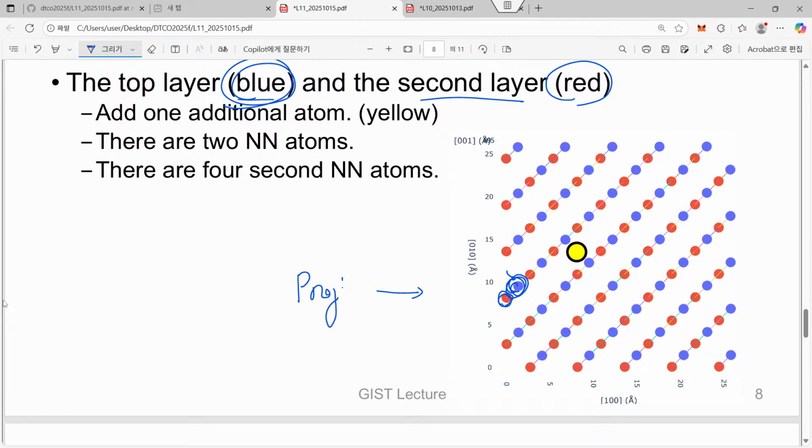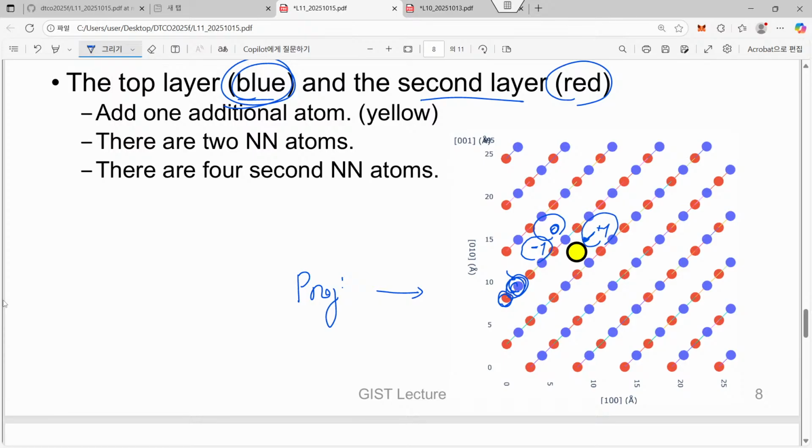This one corresponds to the new position for our next atom. Although they are all projected into the same plane, if this height is 0 and this height is -1, then this height becomes positive 1. So this is the basement, this is ground level, and this is the first floor.